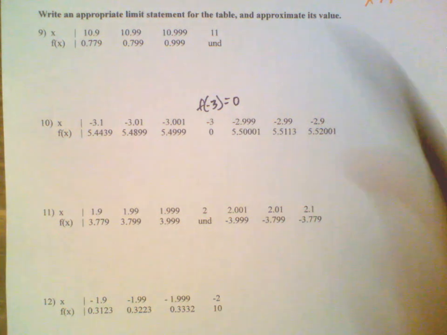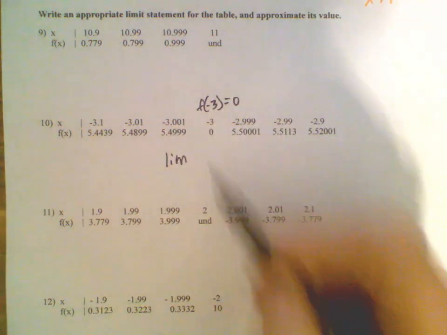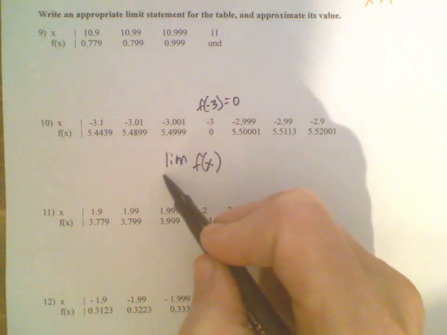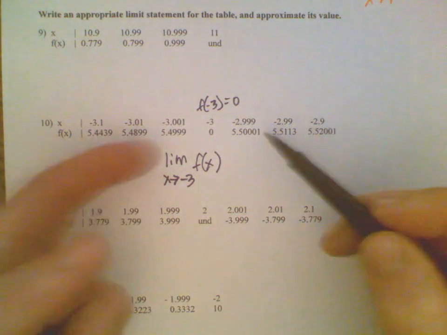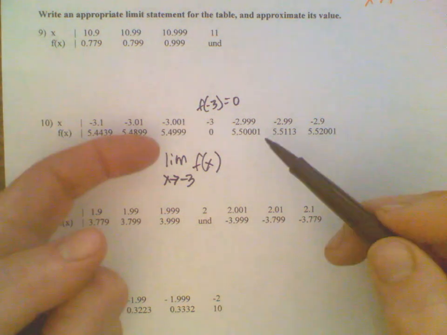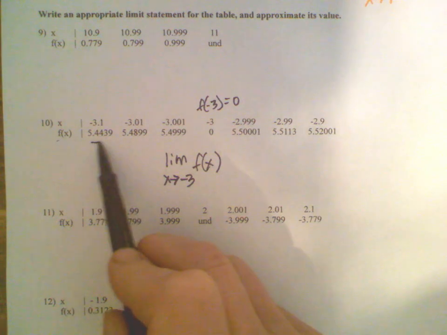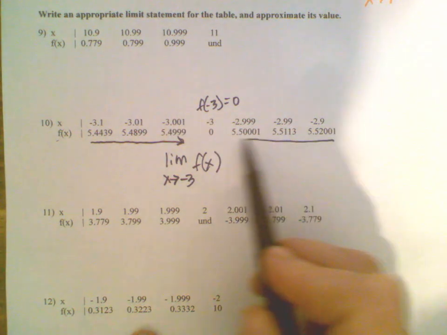Okay, so this limit that I'm looking at of this function appears to me that it's approaching -3, and it looks like it's approaching -3 on both sides if you look. Then I'll look at my y value. Where does this look like it's headed?